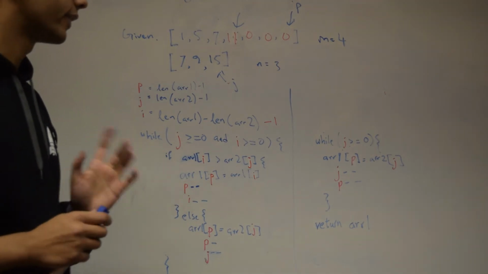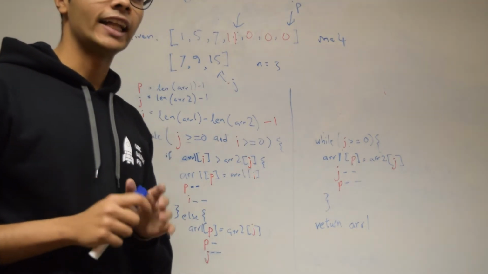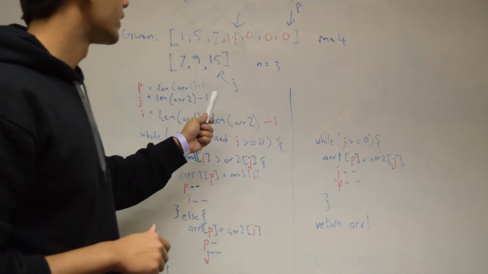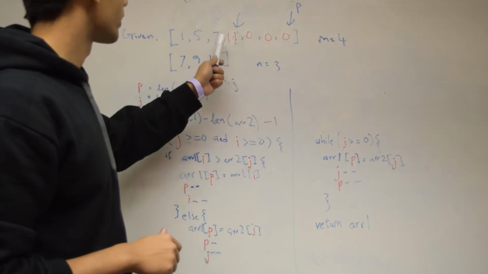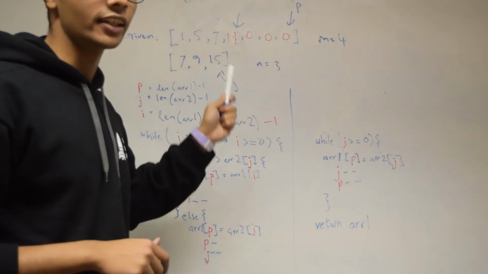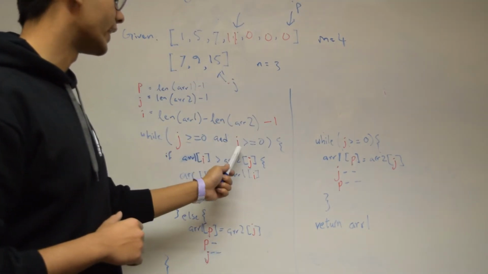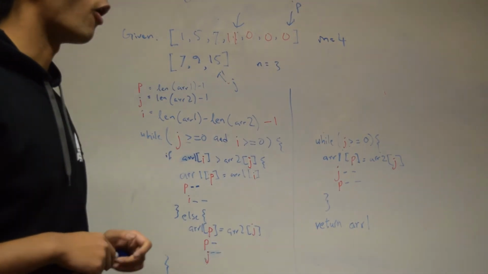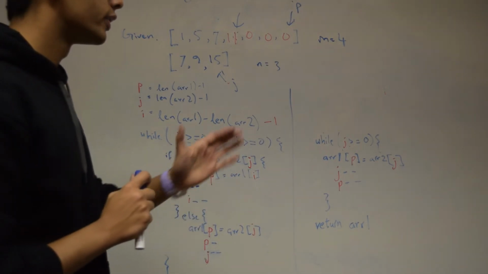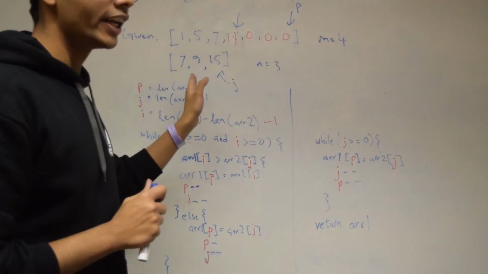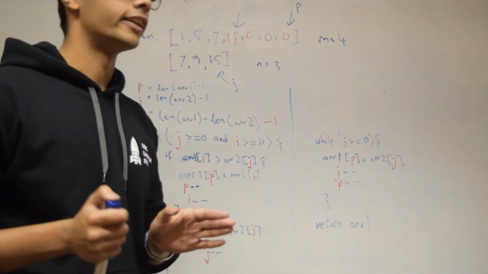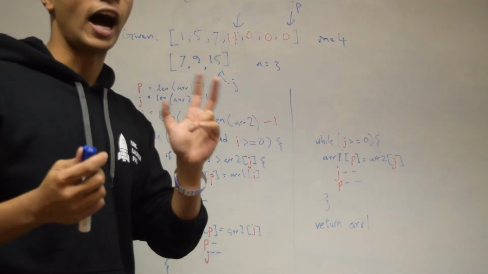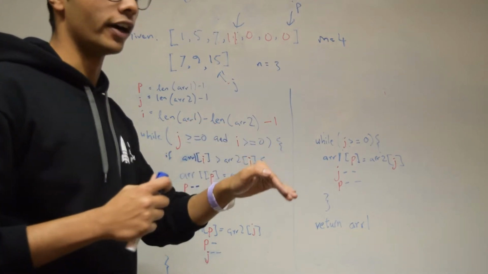One of the cases I think I forgot to mention is at the end: what if i terminates faster? By that I mean if i is no longer greater than or equal to 0. That means all the elements that are left in j are smaller than all the elements of i that we've already gone over.